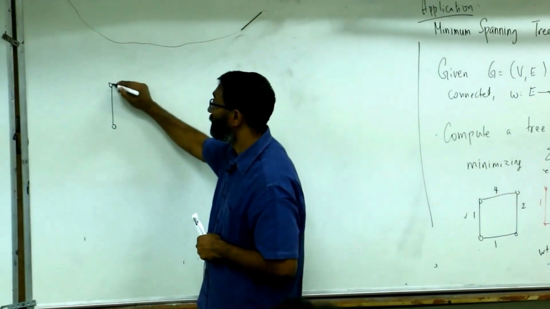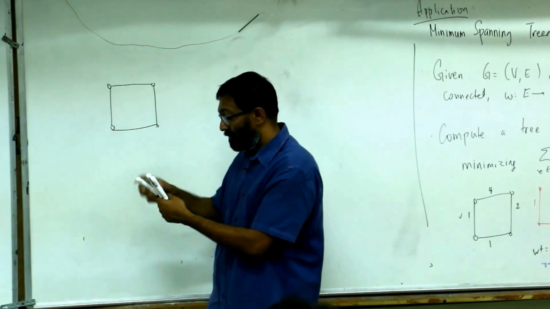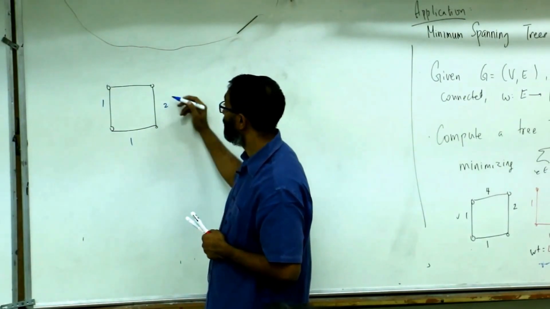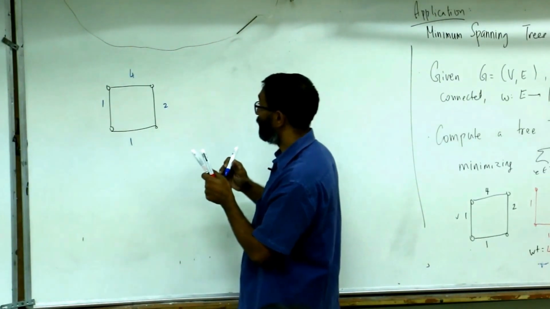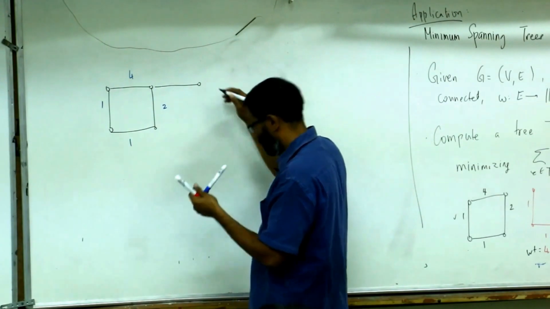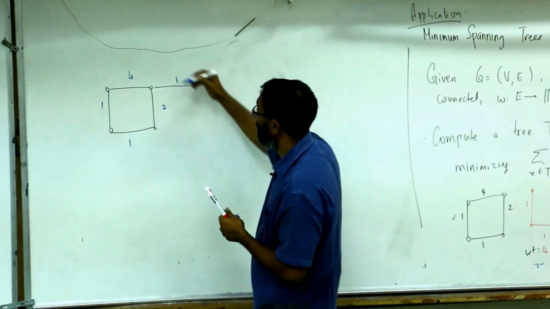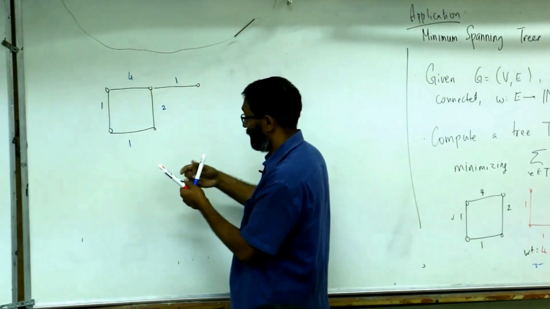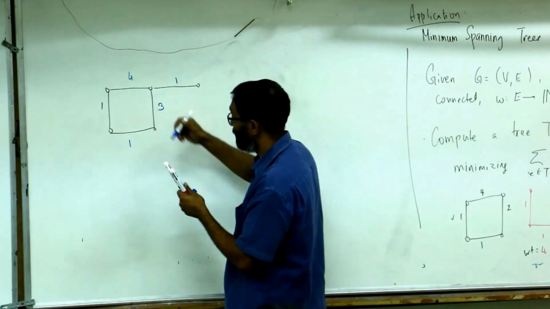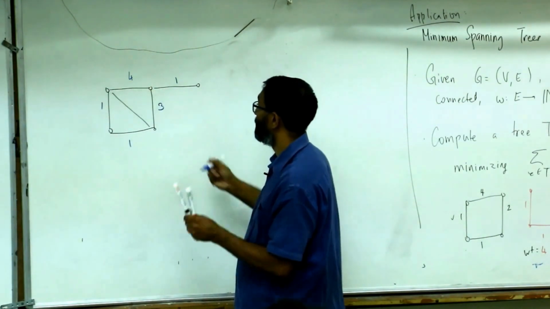Let's look at the graph, say with weights 1, 2, 4. I'm going to add one more edge. Let's say this guy also has a weight of 1, so why not make this 3, and this maybe 2.